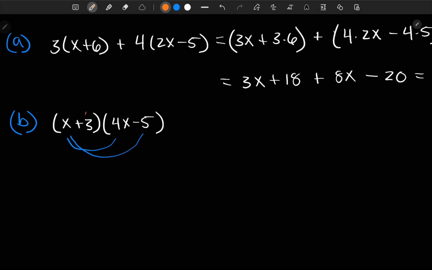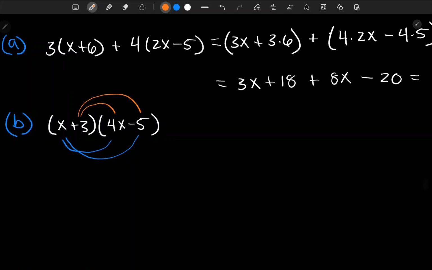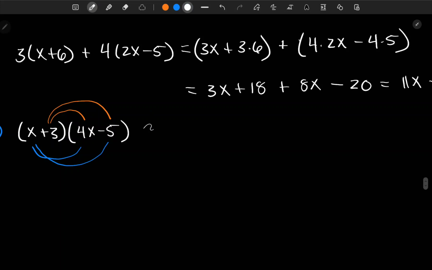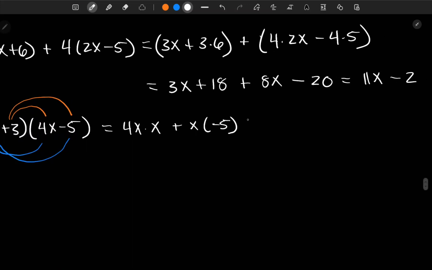And then you add that to 3 times 4x, and add that to 3 times negative 5. Or, all written out, you have 4x times x plus x times negative 5 plus 3 times 4x plus 3 times negative 5.